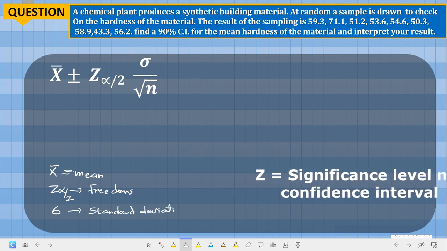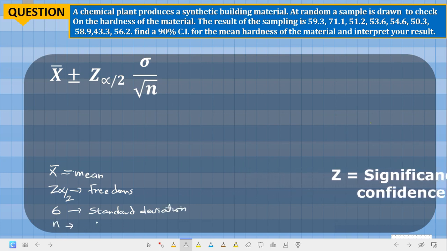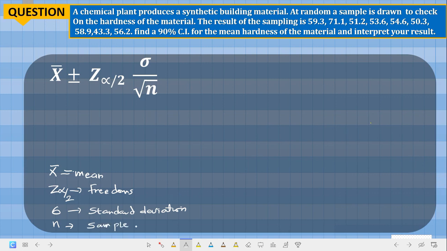And then our n is the sample size, the number of values given, the number of samples.